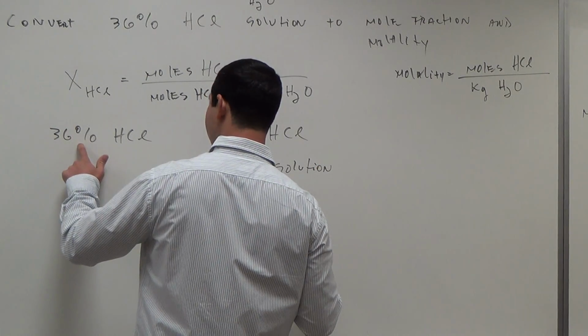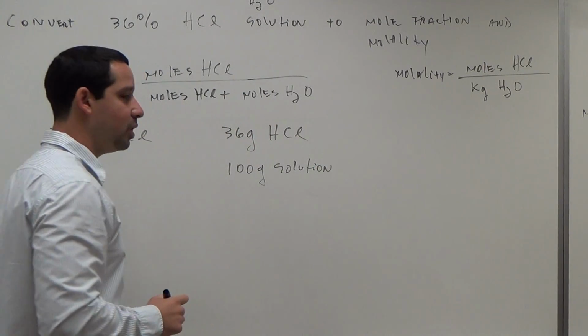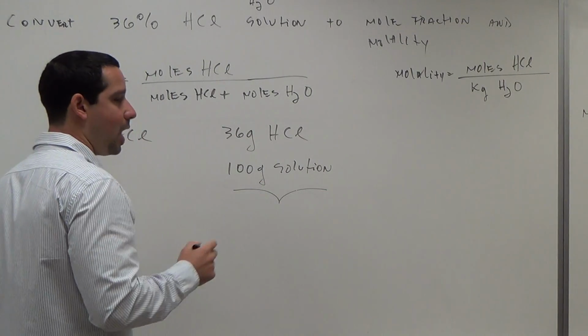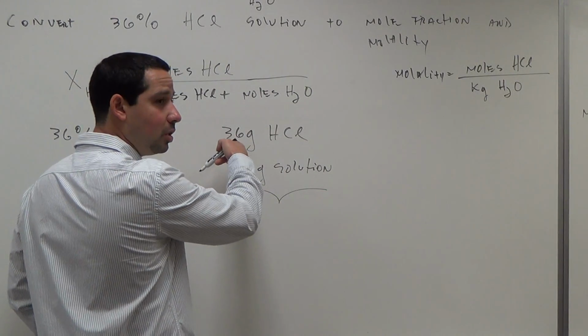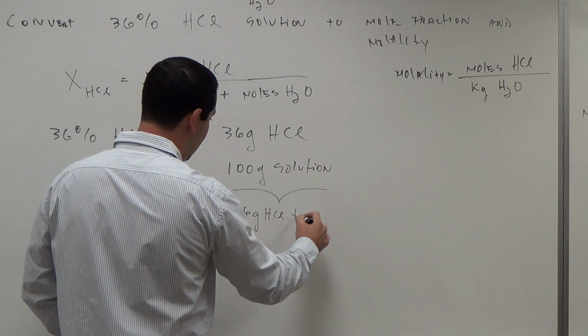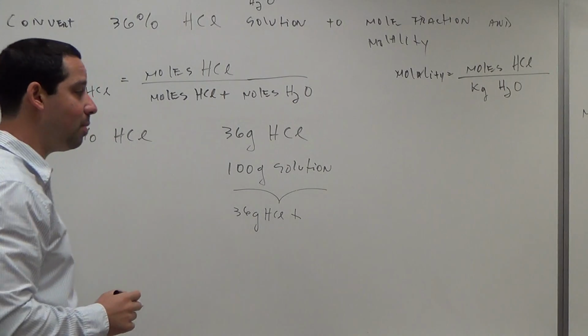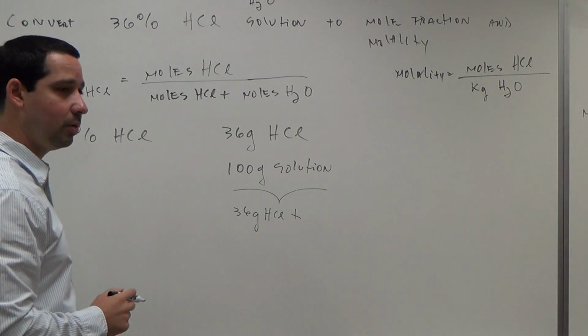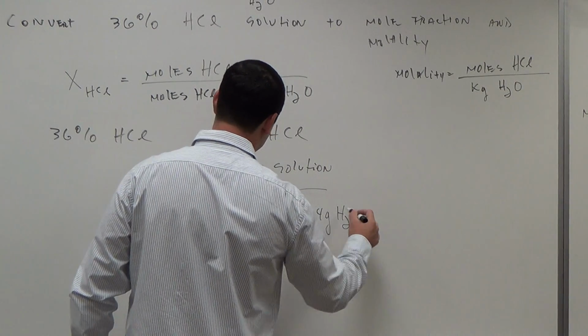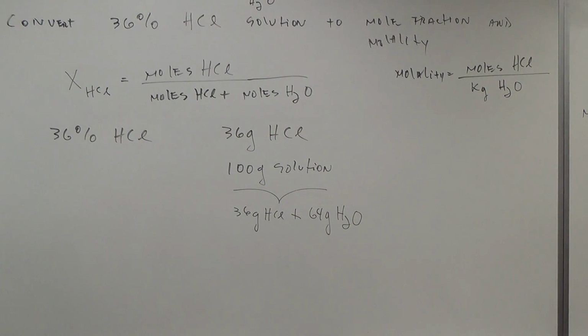Now this solution has what inside? Water and HCl. How much HCl does it have inside? 36 grams. We already established that. Plus, it has to add up to 100. How much is the water? 64. 64 grams of water. Very good.